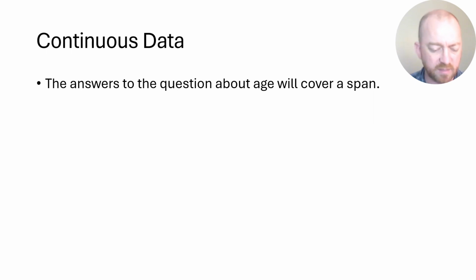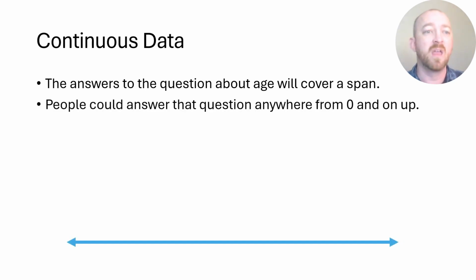Okay, so I talked about the answers to the question about did you vote in the last presidential election, and that took on yes or no, okay? However, when I ask about age, that will cover a much wider range. And additionally, it can go from anywhere from about 0 on up to, there are of course some practical limitations right now. But the point is they can distinguish from each other, and I can know other things about the kinds of answers that they give me.